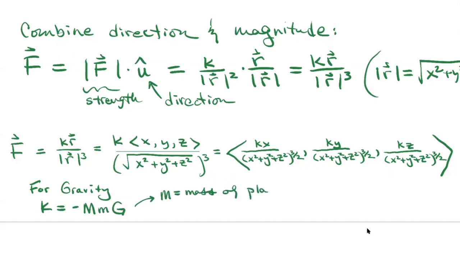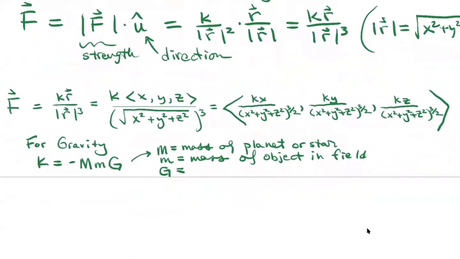Every object has gravity, right? Little m is the mass of an object in the field. And big G is the universal gravitational constant.